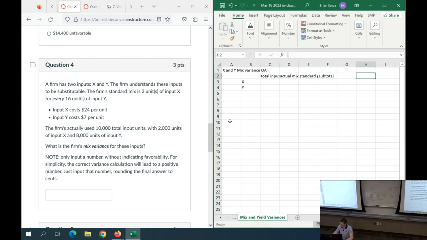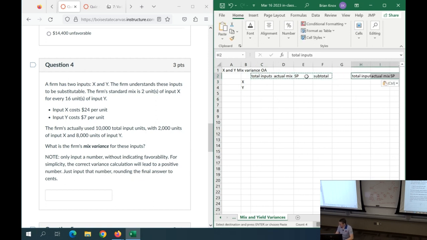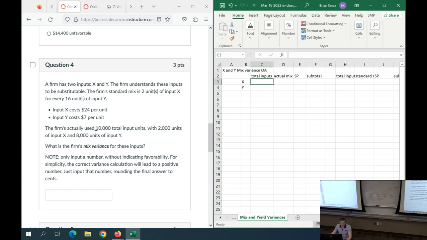And then I'm going to need over here almost the same thing, but in true variance fashion, I have one thing I'm changing, which is standard mix. All my talk about just pulling one lever, these two sides of the table have just one column that's different. All right, I'm going to start extracting these from the question.